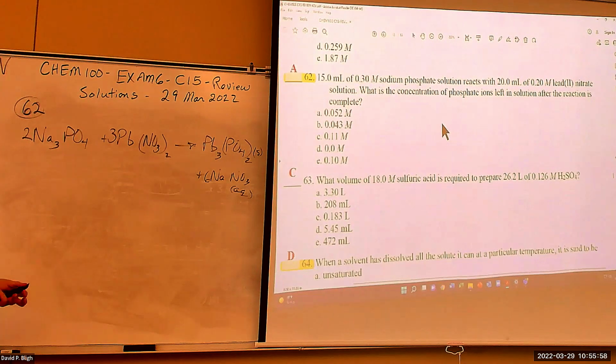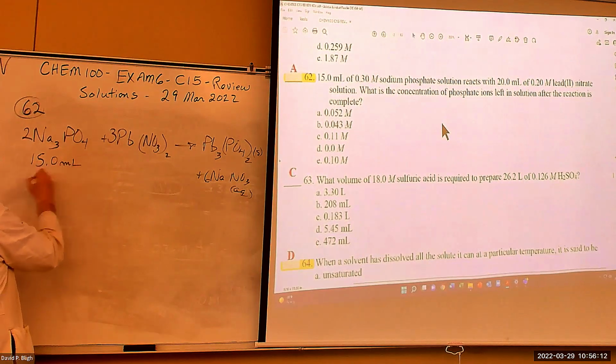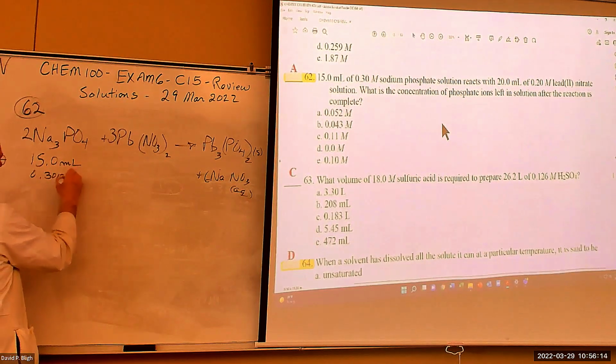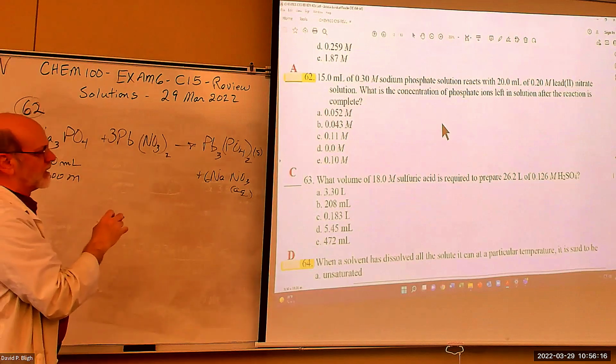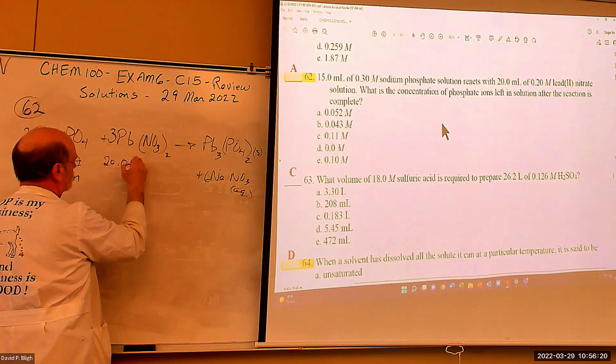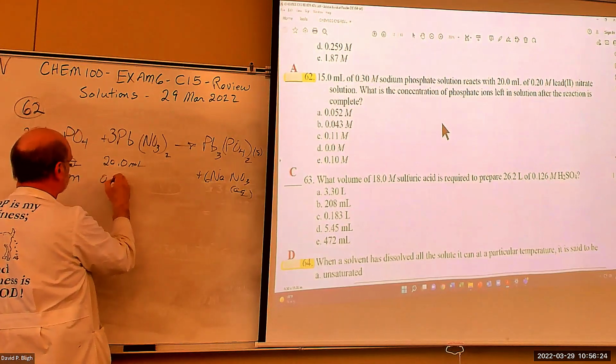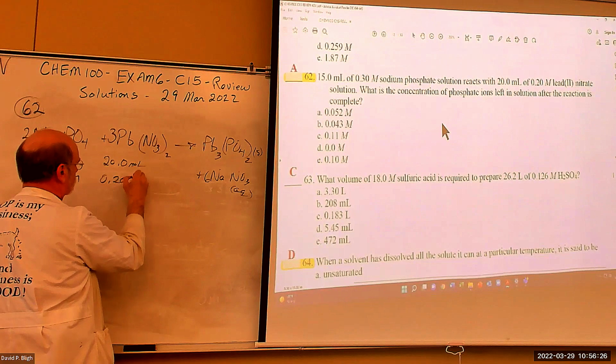Then what are you given? 15 milliliters of 0.3 molar, and 20 milliliters of 0.2 molar.